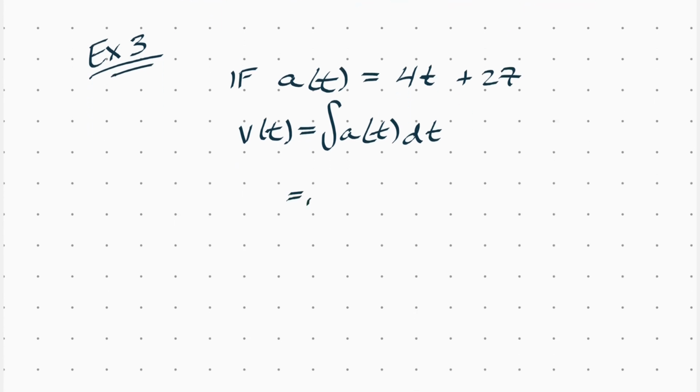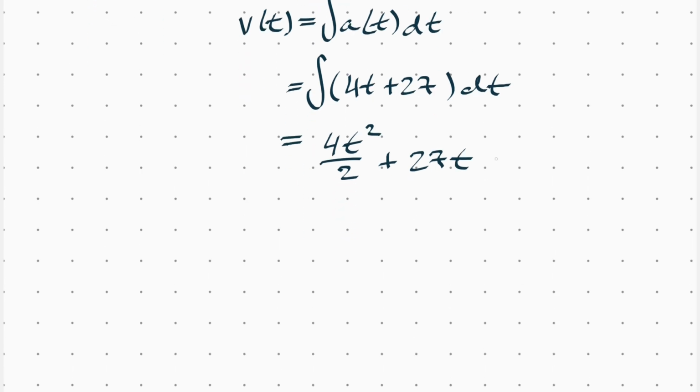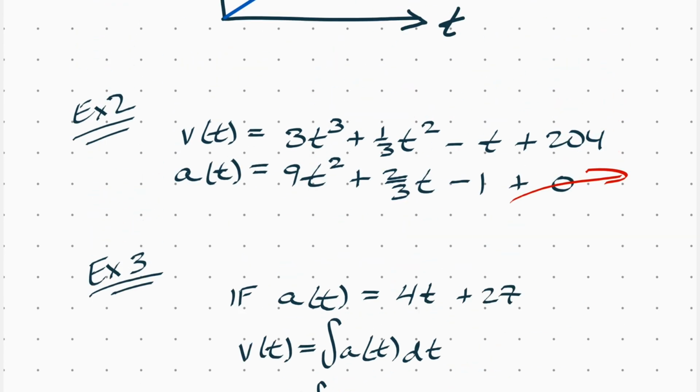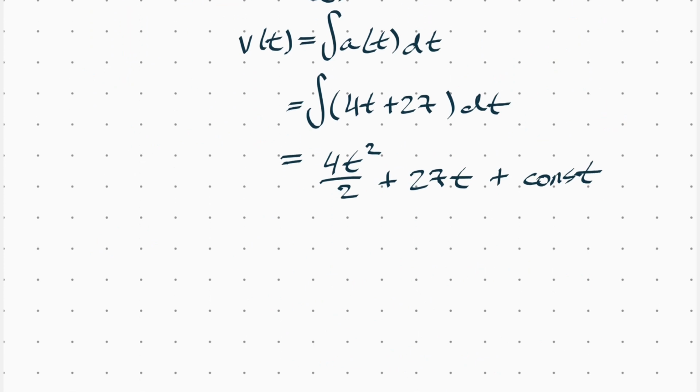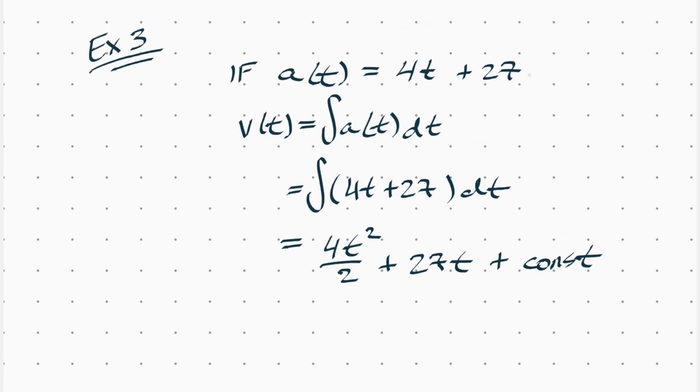So the integral then of 4t plus 27 dt is equal to 4t squared over 2 plus 27t. And then we also need to add on a constant, because just as this 204 went away and became 0 when we took the derivative, we have to account for the fact that there may have been a constant before and then we lost it when we got to acceleration.